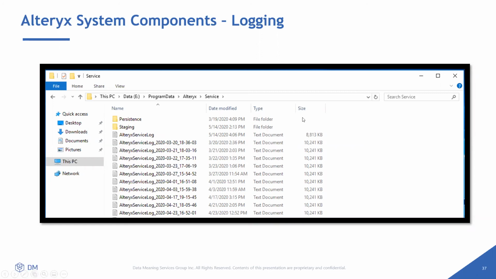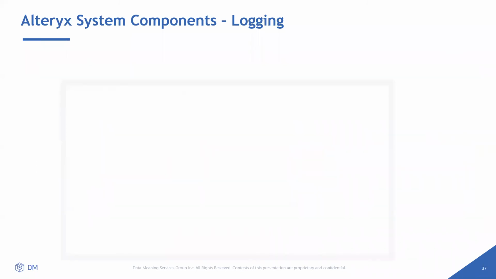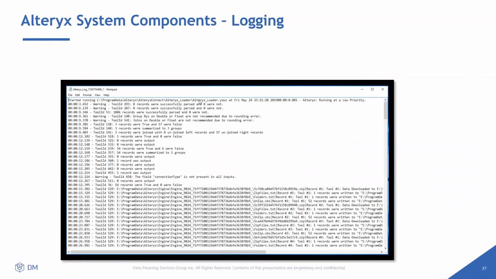Another thing that I'm going to show is the engine's logs. So by going into this, to give you an example of what this looks like, you can see that this log is dedicated to one instance of running a particular workflow. It tells you each of the tools, what ran.